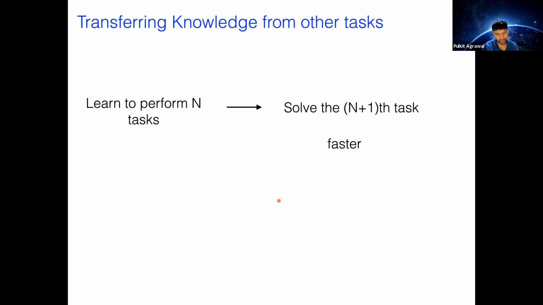Suppose I had no experience of any other task, and I took some amount of data to train, that amount of data should be much larger than if I had some experience, right? And that is what we mean by faster. Or I should be able to solve a more complex task, right? Those are the two scenarios in which transfer is useful, or we would want transfer for those reasons.